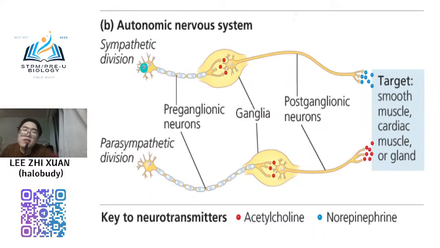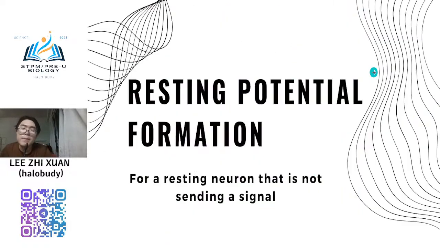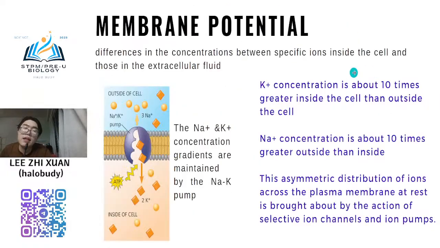The electrical impulse is transmitted from one part to another. So when this part has the electrical impulse, the other part will be at rest. Normally the rest is what we call resting potential, and when there is an electrical impulse, we call it action potential.